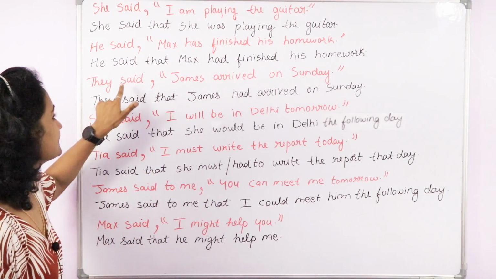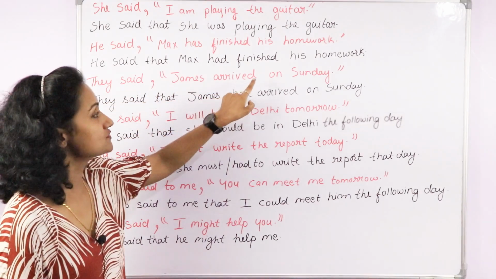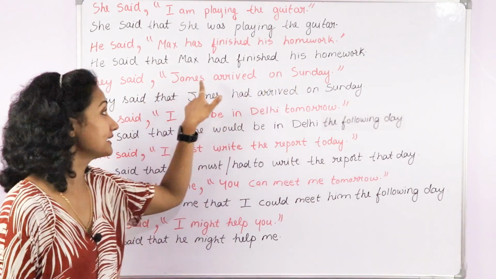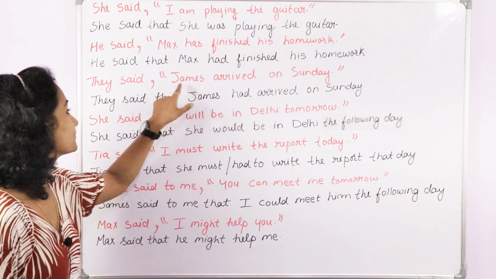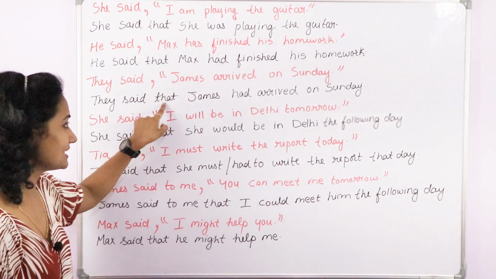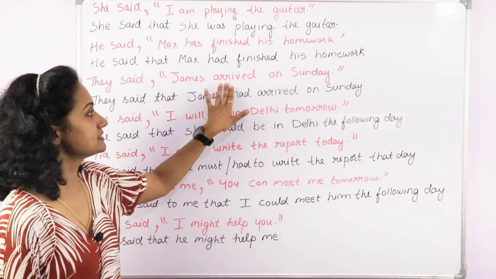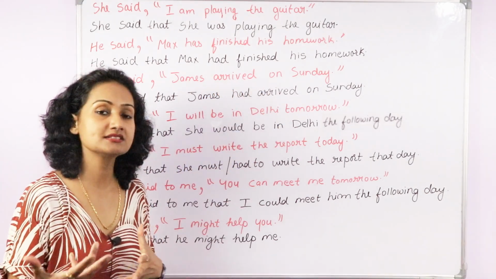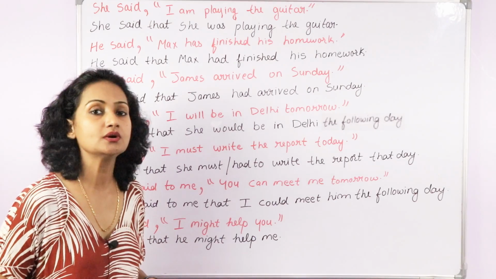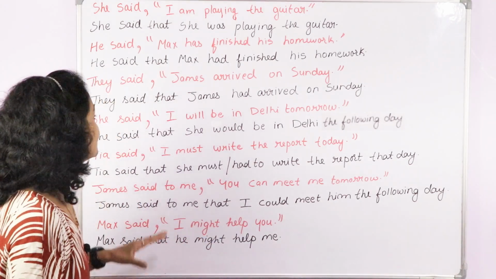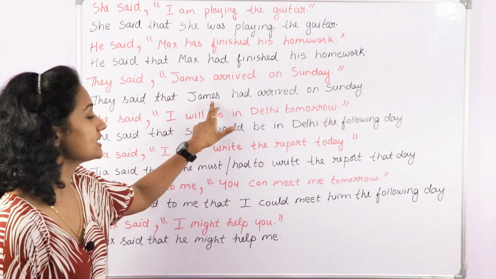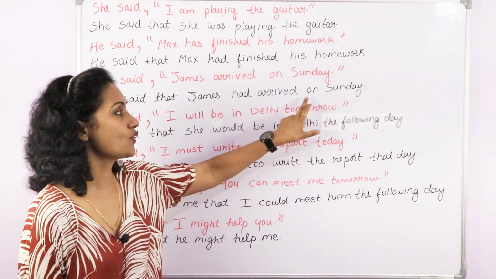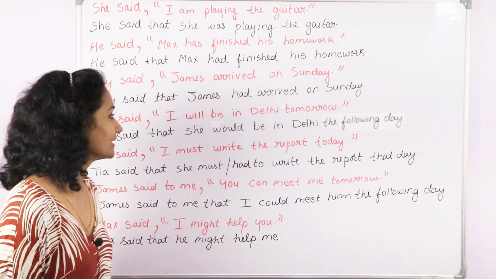Okay, so they said, "James arrived on Sunday." Again the name. They said that James, this is past simple, arrived on Sunday. Again past simple changes into past perfect. So they said that James had arrived on Sunday.